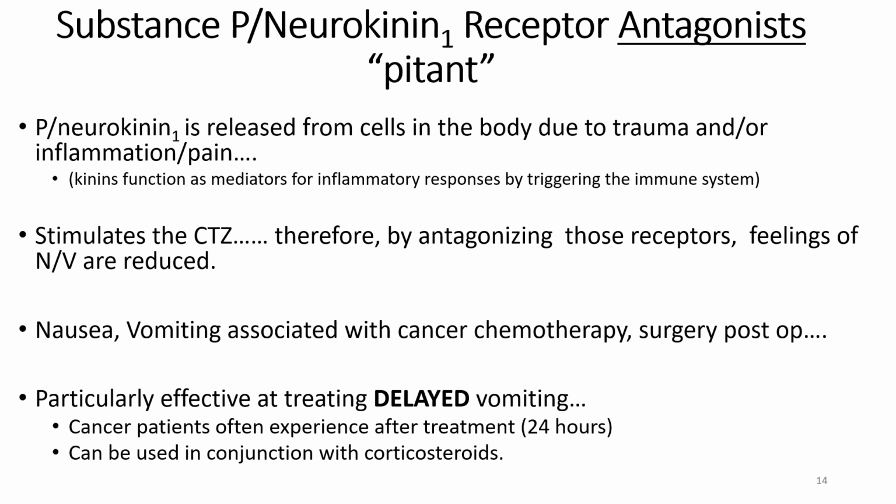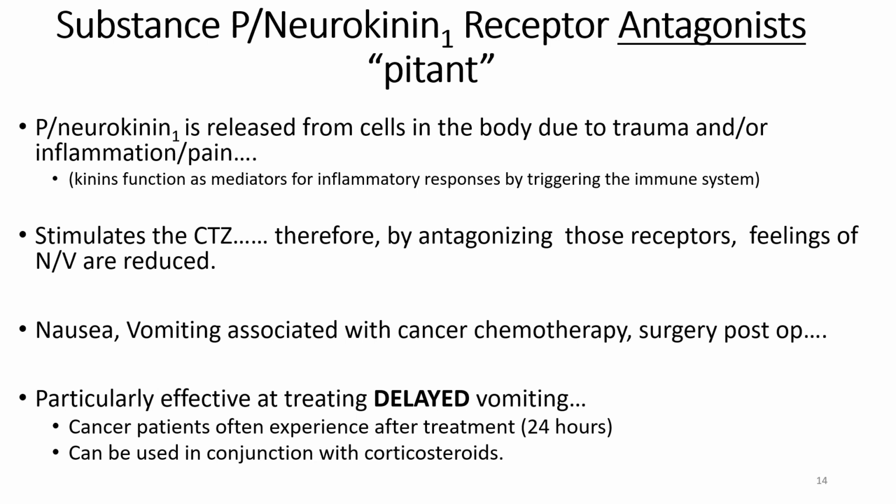So those are found more effective in treating the acute nausea and vomiting, whereas this is particularly effective in treating that delayed vomiting because your cancer patients come in, they have their infusion, they go home. So 24 hours, or I think even up to 72 hours is what your book says, they can experience that delayed nausea and vomiting feeling. Okay, so this is especially important for your cancer patients.